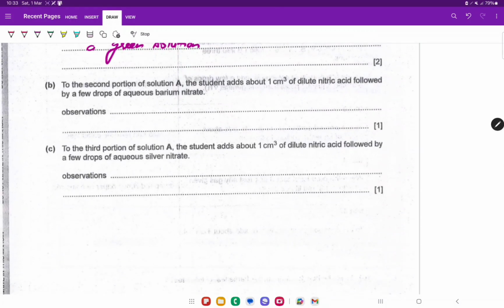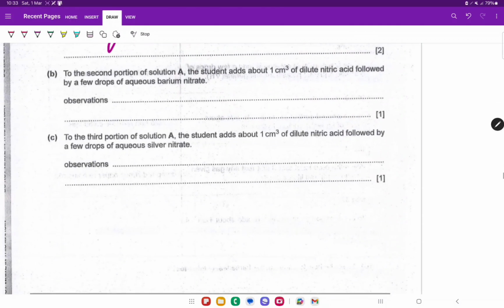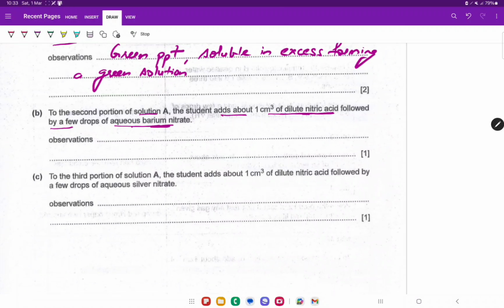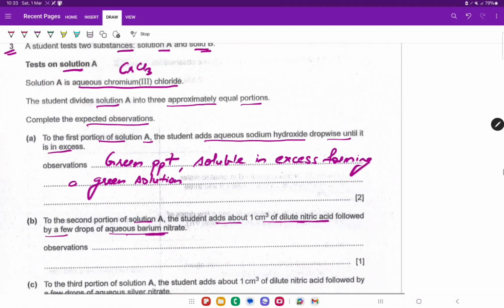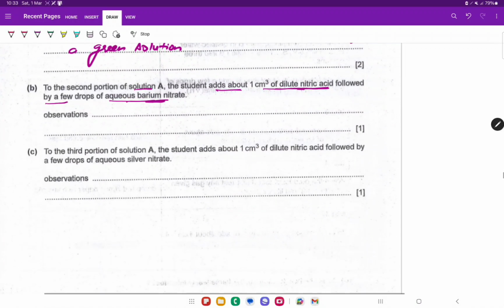Now, to the second portion of solution A, the student adds 1 cm³ of dilute nitric acid followed by a few drops of aqueous barium nitrate. If barium nitrate reacts with chromium chloride, it can form barium chloride, and barium chloride is soluble in water.